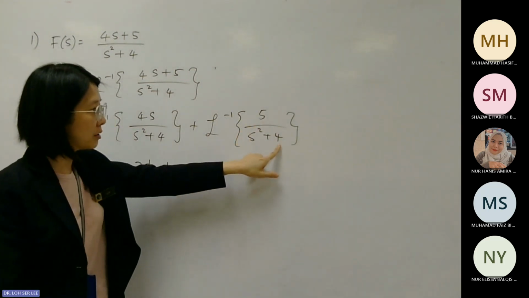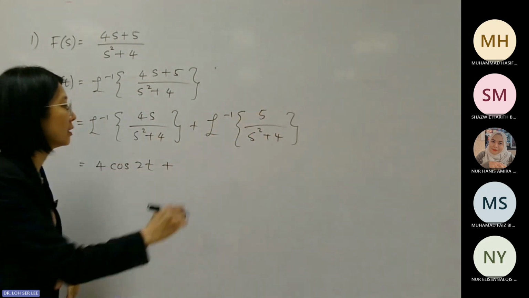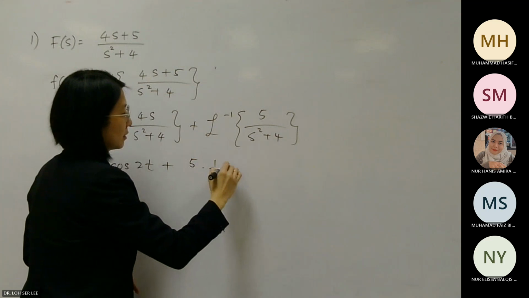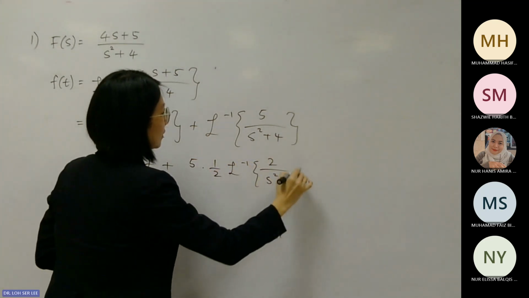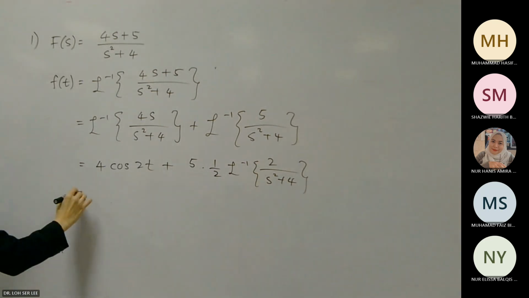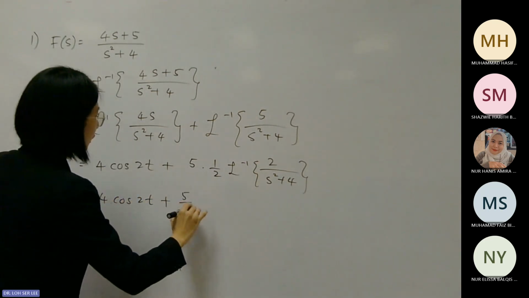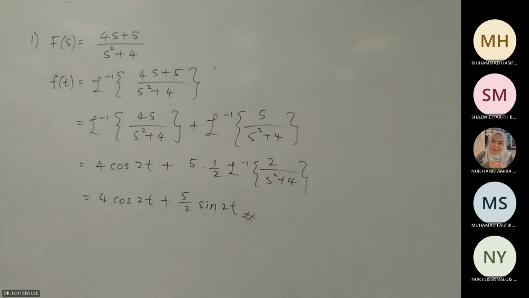Your a is 2. A squared is 4, your a is 2. We don't want 5. Take out the 5, insert the 2, divide the 2 outside. Then you get the answer, 5/2 sine 2t.